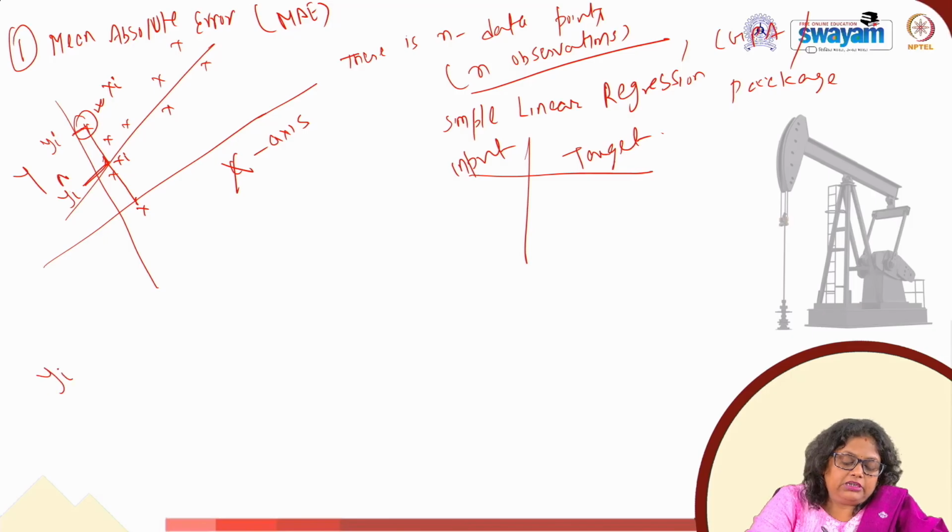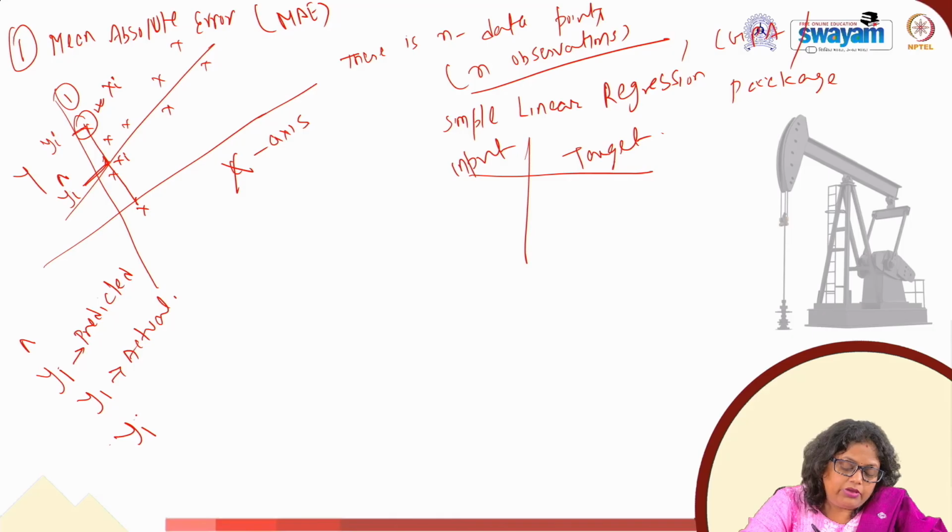This is the first data point, so in place of yi I would write y1, the actual, and y1 hat, the predicted. So the error for the first point is y1 minus y1 hat. What is the error for the second point? Here the actual is less but the predicted is more. This is my second point, and this is the first observation.